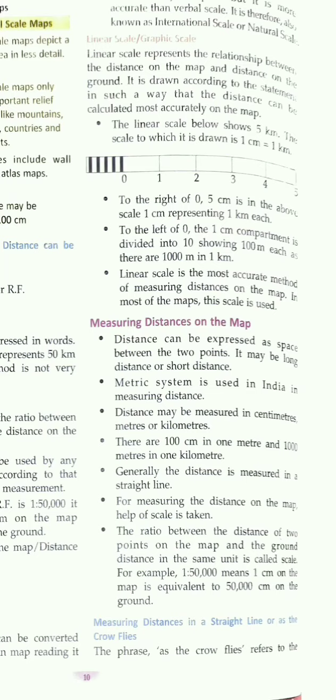So students, you have three units, centimeter, meter and kilometer, in which you can measure the distances. There are 100 centimeter in 1 meter and 1000 meter in 1 kilometer. Okay students, this you have to remember.